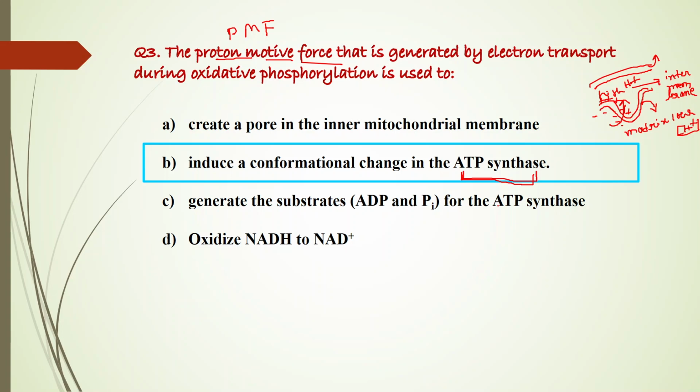In case of ATP synthase, this proton motive force results in the conformational change, which will finally lead to the formation of ATP. Otherwise, it will not give our desired reaction, that is ADP to ATP conversion. So the correct answer for this one should have been option number B. Okay. Hope this is clear.